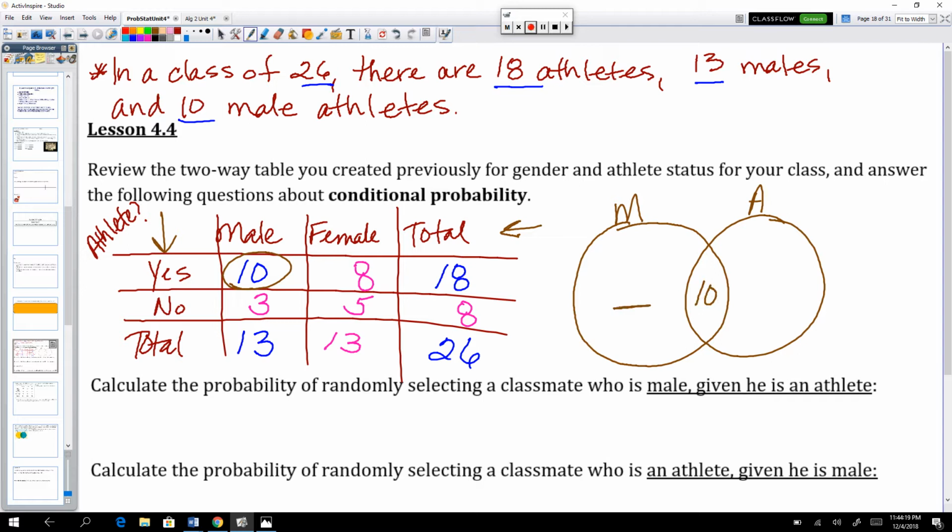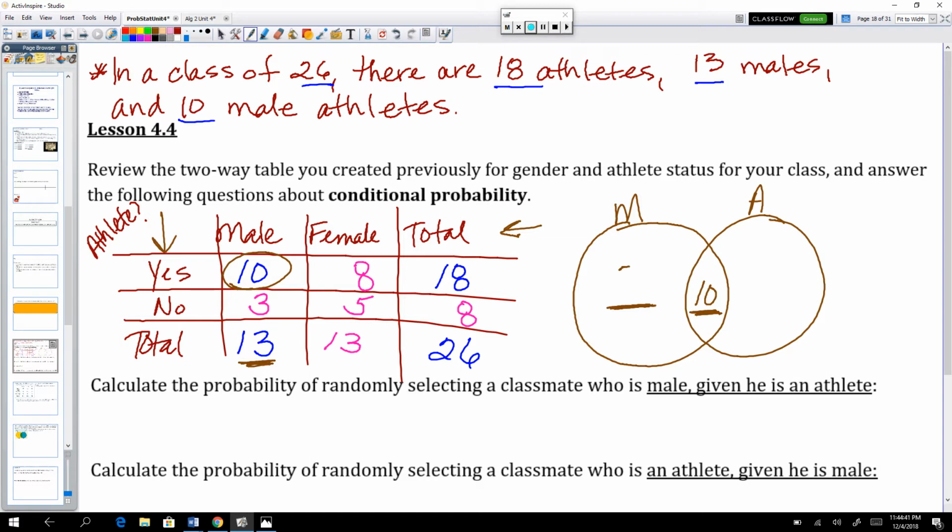The part that goes in the male circle that is not in the crossover, those are males that are not athletes. A lot of folks mistakenly put that there were 13 males. That's true, there are 13 total males in the room, but we've already accounted for 10 of them.